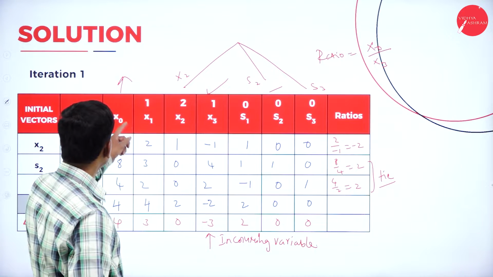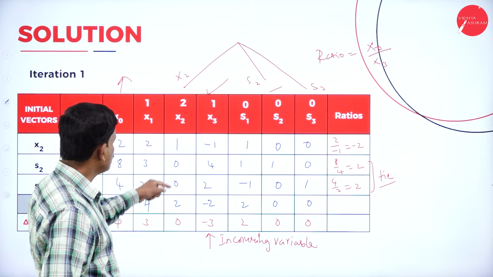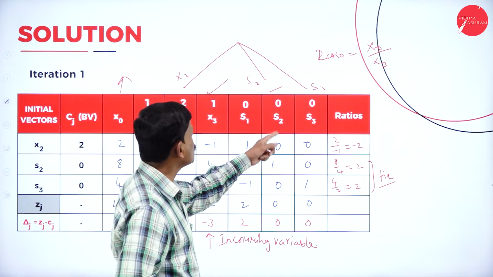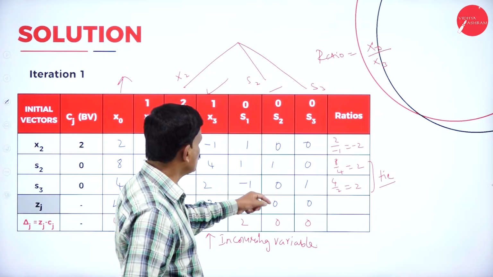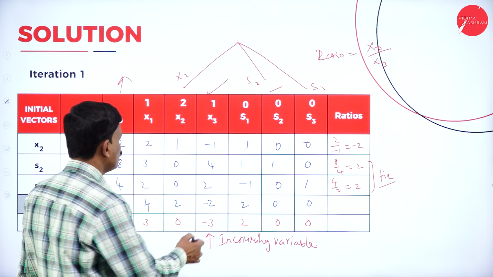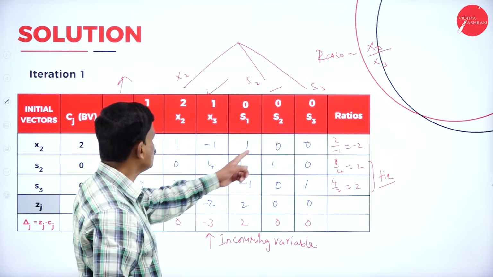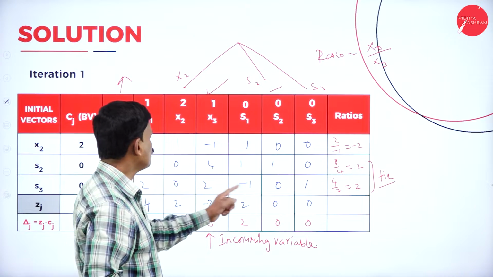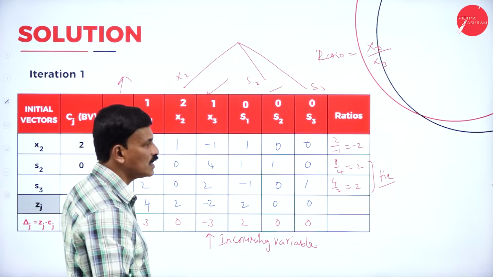Here the elements of x2 are considered as the first column, 1 0 0, and the elements of s2 and s3 are considered as the second and third columns, 0 1 0 and 0 0 1. These elements are divided by the incoming variable, that is minus 1, 4 and 2. So we divide 0 by minus 1, 1 by 4 and 0 by 2, and again 0 0 1 divided by these incoming variables.